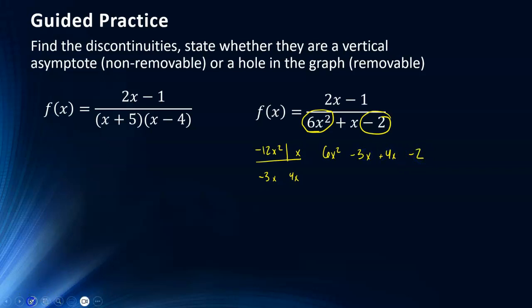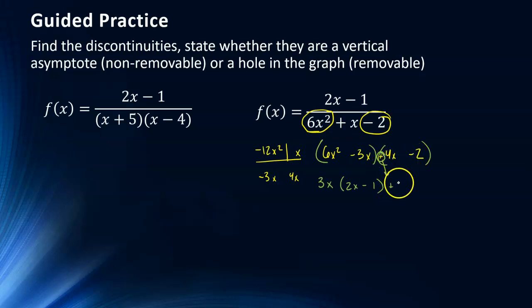Then from here, we're going to factor this by grouping. So we're going to group together the first two terms and the last two terms. In those first two terms, yes, they both have an x, but they also are both divisible by 3. So we factor out a 3x, leaving us with 2x minus 1, because negative 3x divided by 3x would be negative 1. In the next set, whatever sign is here, remember we bring that down, so that would be a plus.